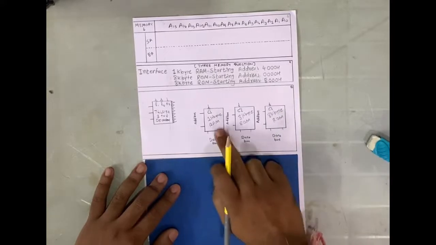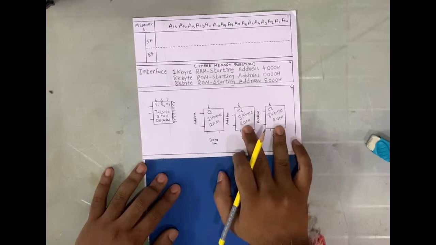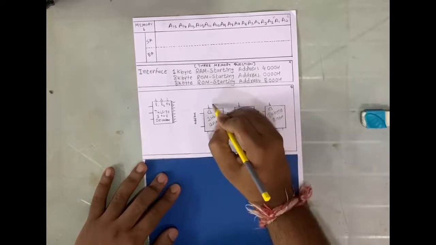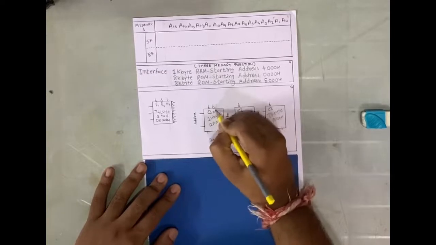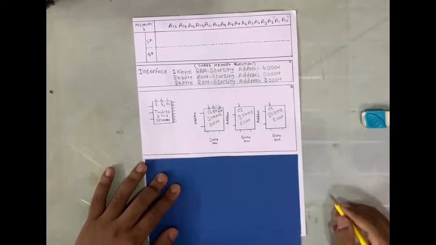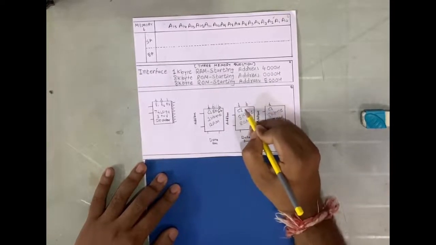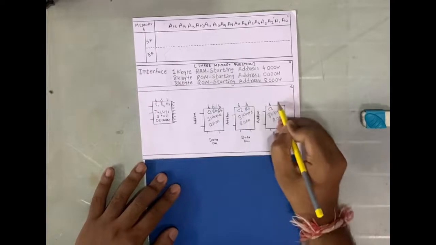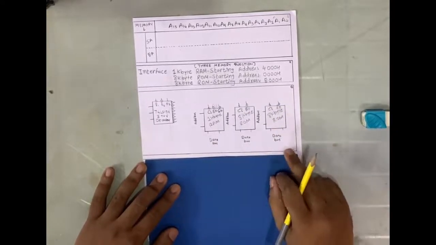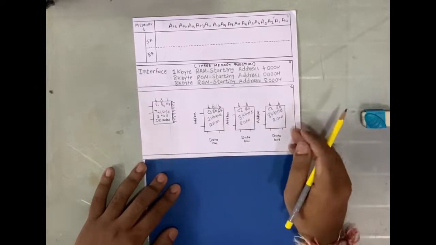In the case of RAM, 2 extra control signals are needed, which is read bar and write bar. In the case of ROM, only one control signal is needed, which is read bar. Why? Because user can perform both read and write operation with the RAM. In the case of ROM, only read operation can be performed.